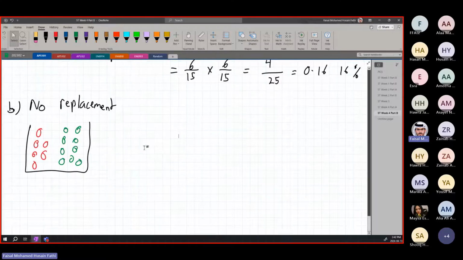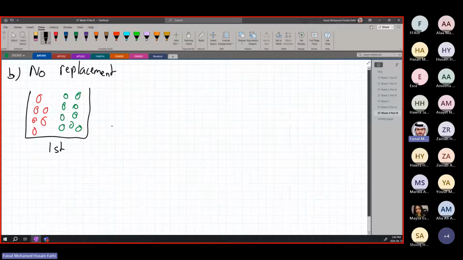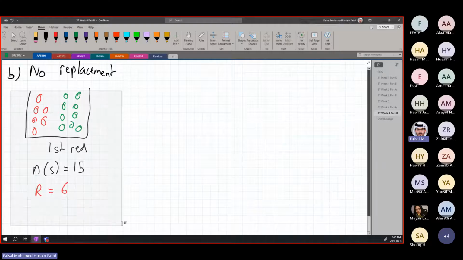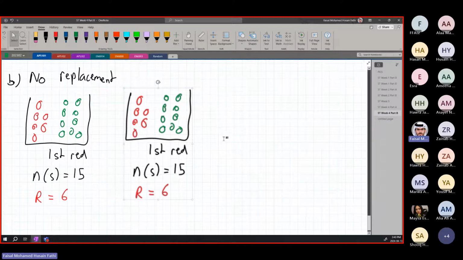Now, if there is no replacement, first red marble, so we can be clear, okay, is going to have this sample size of 15, the same sample size, and red is going to be equal to, we have 1, 2, 3, 4, 5, 6 red marbles. Okay? Now, this is our first.